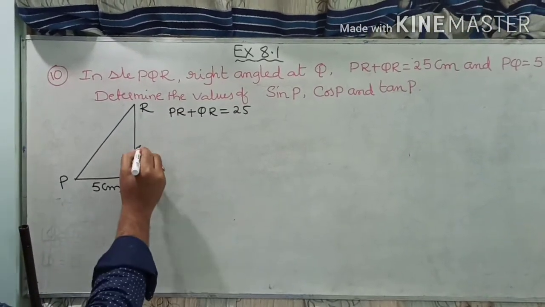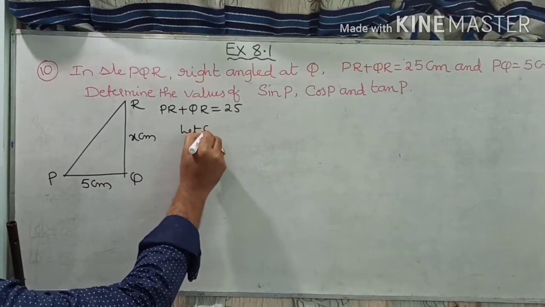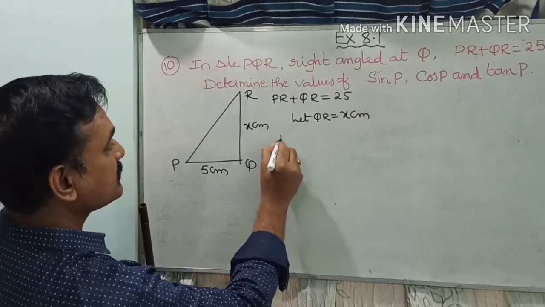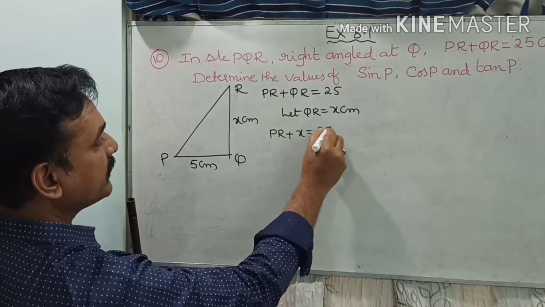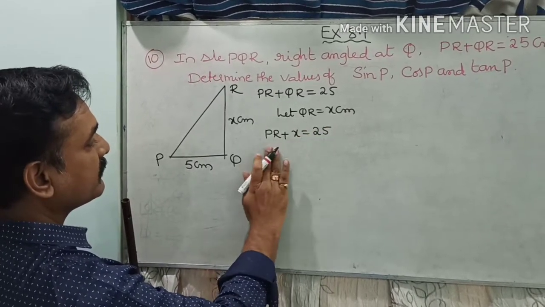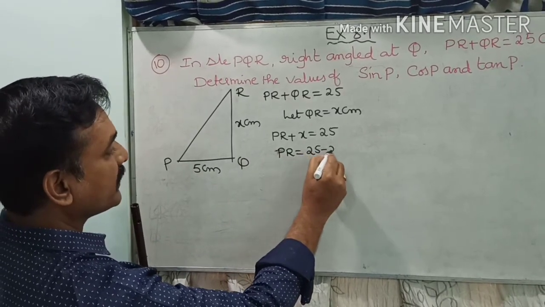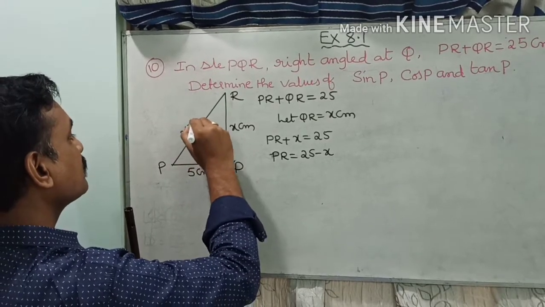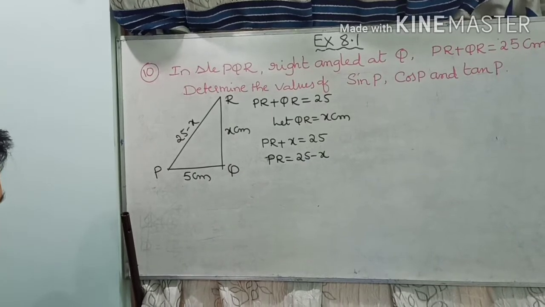So let QR be x centimeters. Then PR plus x equals 25, so PR equals 25 minus x. So instead of PR, we can replace it with 25 minus x.